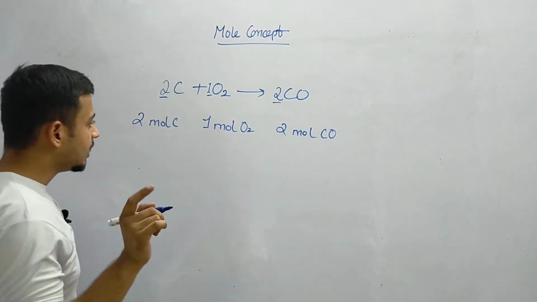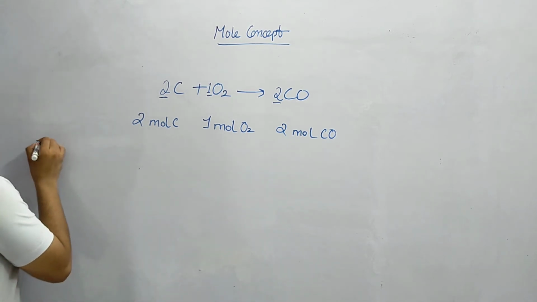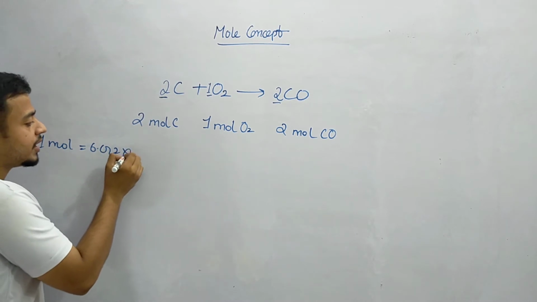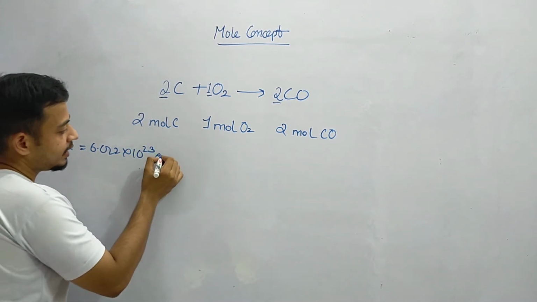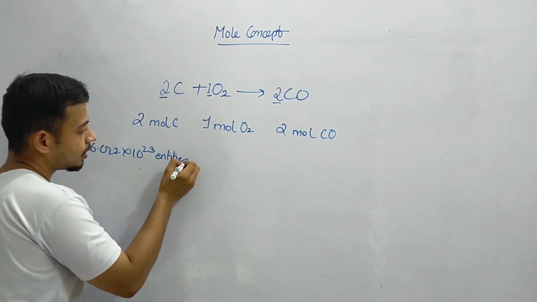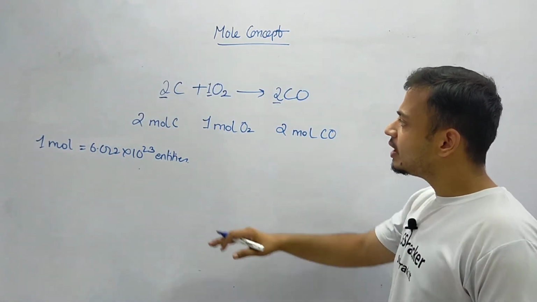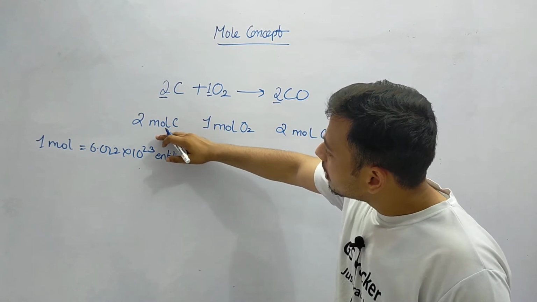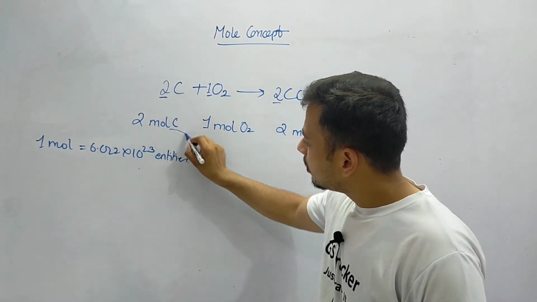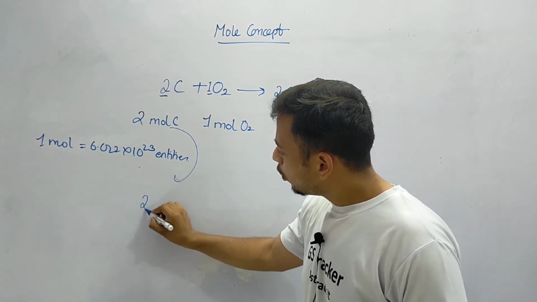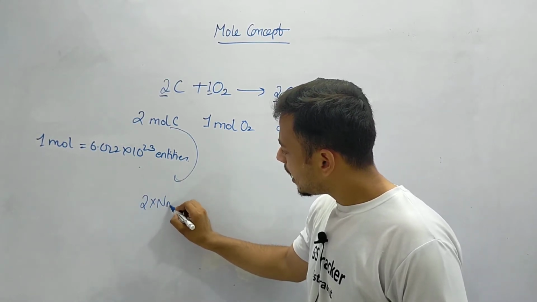Now, I have told you that 1 mole equals 6.022 into 10 raised to power 23 entities. So, here, how many carbon atoms are there? If there are 2 mole carbon atoms, then the number of carbon atoms is 2 into Na.